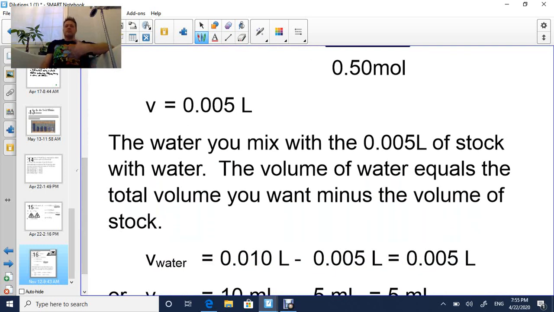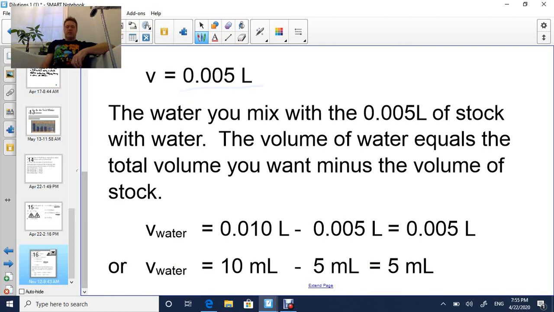So the water we mix is the one that is going to give us our dilution. So you can see here, the volume of the water equals the total volume you want minus the volume of the stock. So we're subtracting this from the total. We want 10 mils. So we're subtracting that from it to get the total volume of water to add.